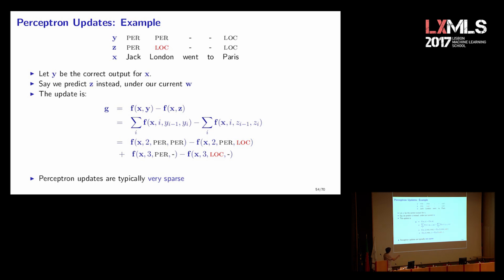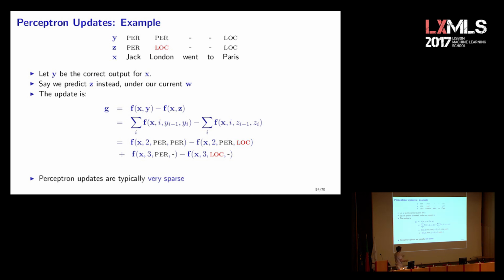Even though there are 1, 2, 3, 4, 5 factors for each of the solutions, most of them cancel, because all the bigrams here are the same. So the one of the Y and the one of the Z will cancel.